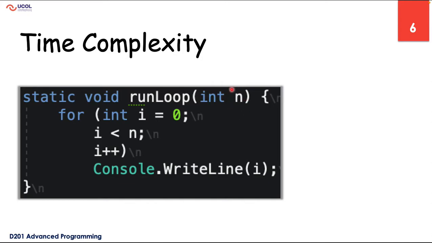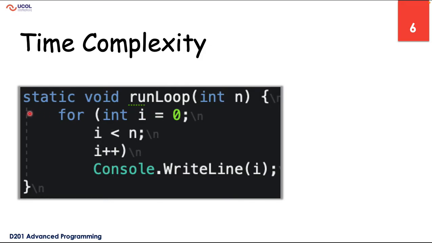We have a loop which takes a number as an input, initializes the i value to 0, checks that i is less than n, and then every time it prints that particular value of i, and after that it increases the value of i by 1, and then again checks the condition, and then comes back to print that particular line.